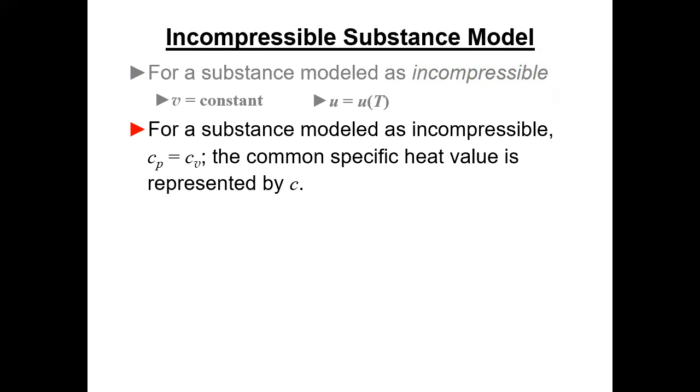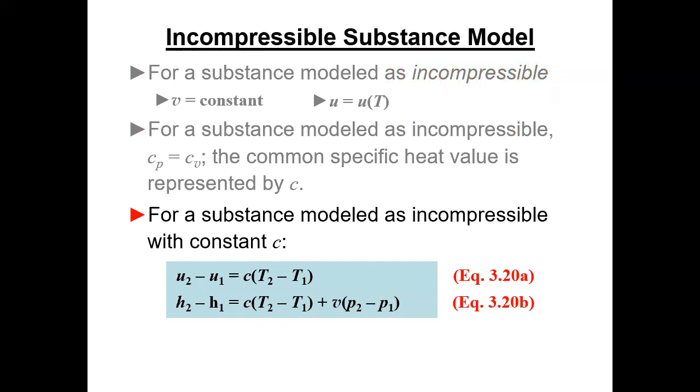With that assumption, you drop the subscript, and it just becomes C by itself. So in the book, if you see a specific heat written without a subscript, that tells you they have made the incompressibility assumption. It probably said it, but it's hard to read all the words in a textbook, and you might have skipped over that part.